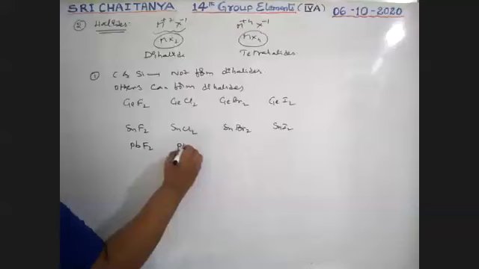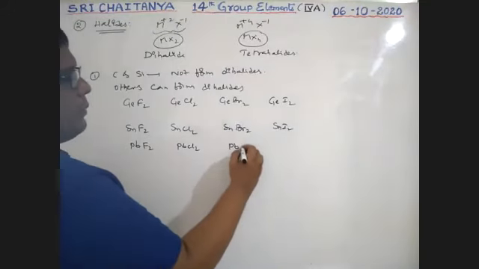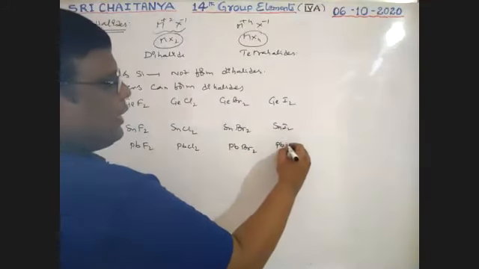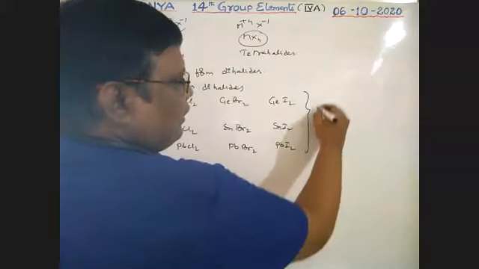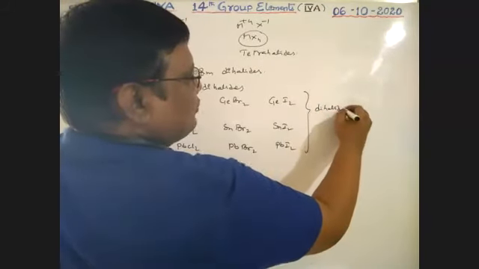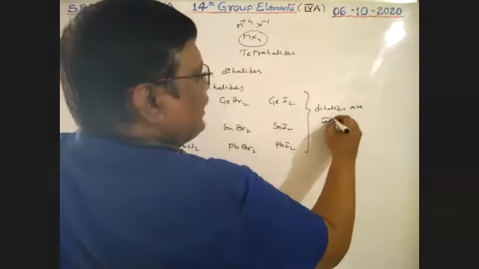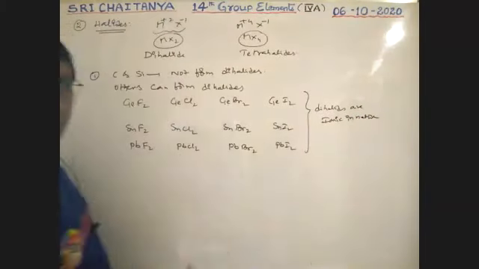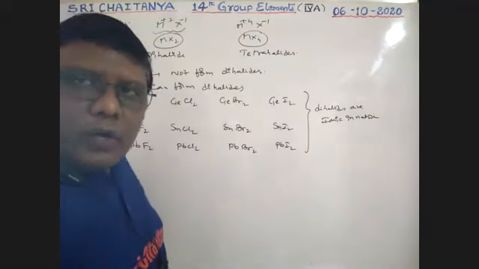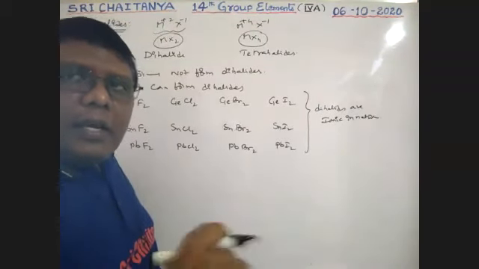PbF2, PbCl2, PbBr2, and PbI2 exist. So all these dihalides are ionic in nature. That means all dihalides are ionic compounds.